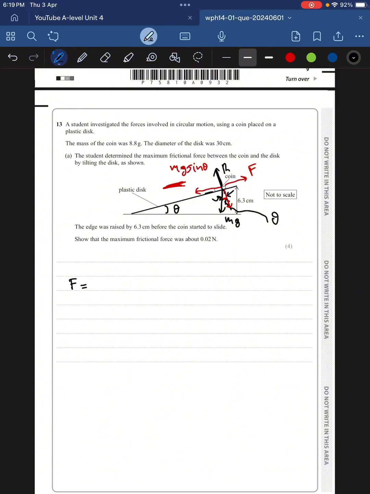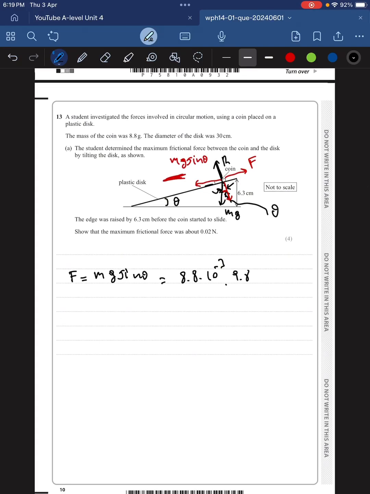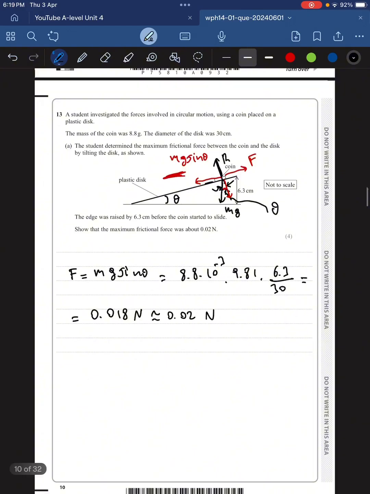So if we set the frictional force equal to mg sine theta, and since mass is 8.8 times 10 to the negative 3 kilograms times g, which is 9.81, times sine theta, which is equal to 6.3 centimeters over, they give us the length of the disk, right? So 30 centimeters, okay, 30. So if we plug in, we find 0.018 newtons, which is about 0.02 newtons, okay?